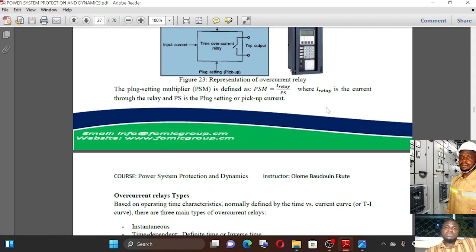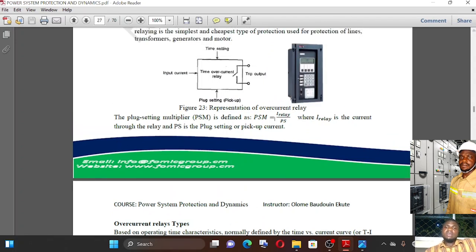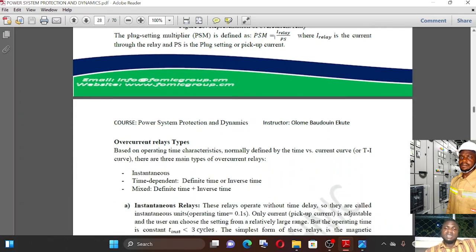So utilize it to get the plug setting multiplier if you know the input current fed by the current transformer to the relay. Here is a figure of the overcurrent relay. You see how its interface is, and the buttons on it which can be manipulated and set appropriately.